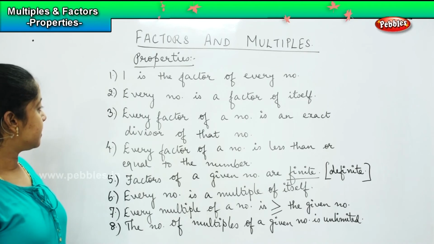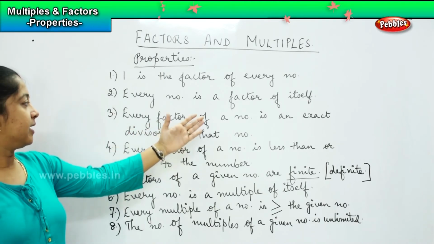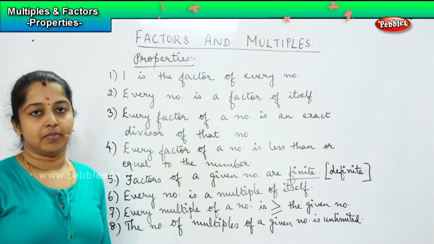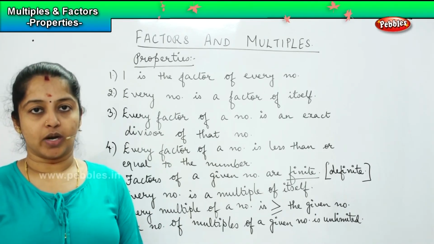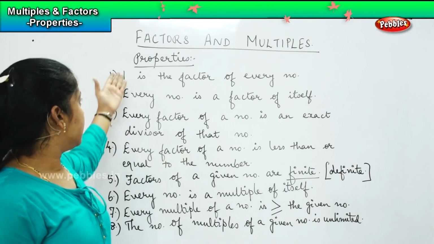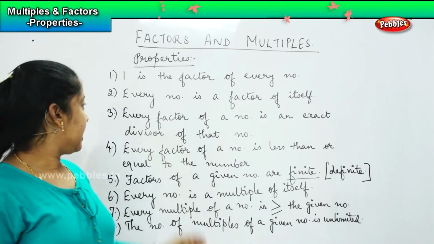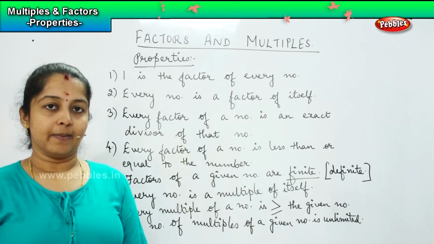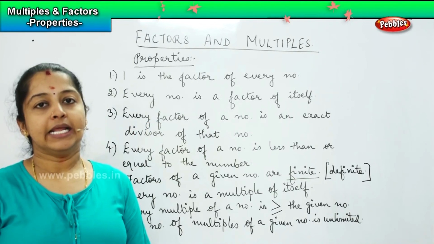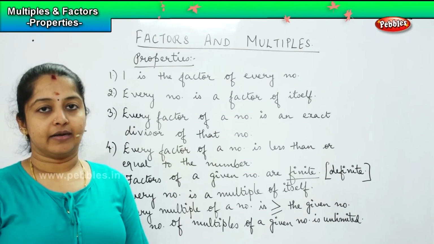The third one says every factor of a number is an exact divisor of that number. If I divide a number by the number itself, I get the answer 1, right? So it is linked with the first property that every factor of a number is an exact divisor of that number. You will have no remainder left when you divide that number.